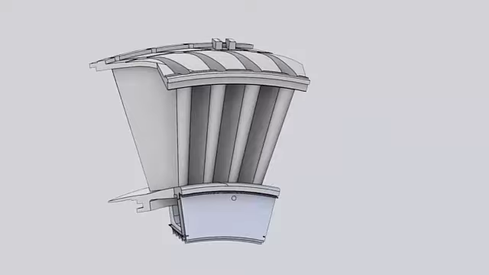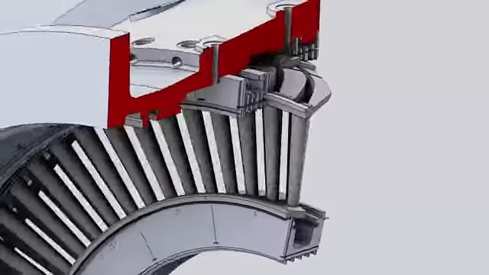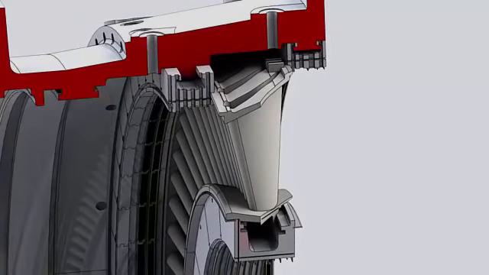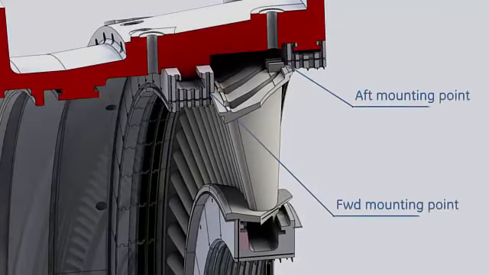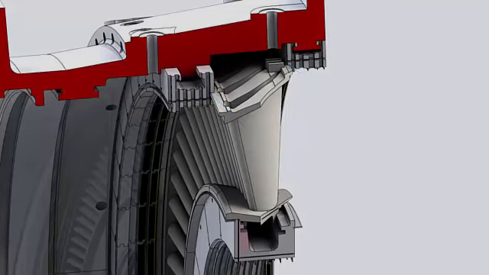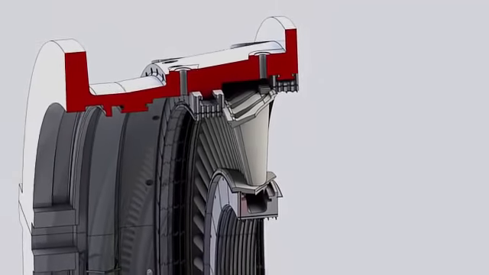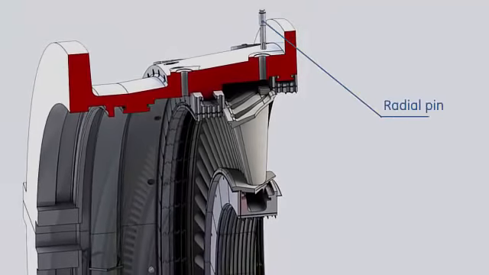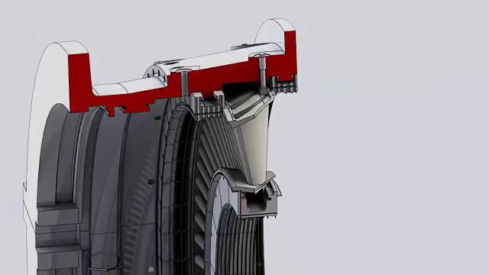The third stage nozzles are not air-cooled. These segments are installed to the stator in the same manner of the second stage nozzle. The third stage nozzle is supported by the second and third stage shrouds. The nozzle segments are held on the circumferential position by radial pins from the turbine shell into axial slots on the nozzle outer sidewalls.